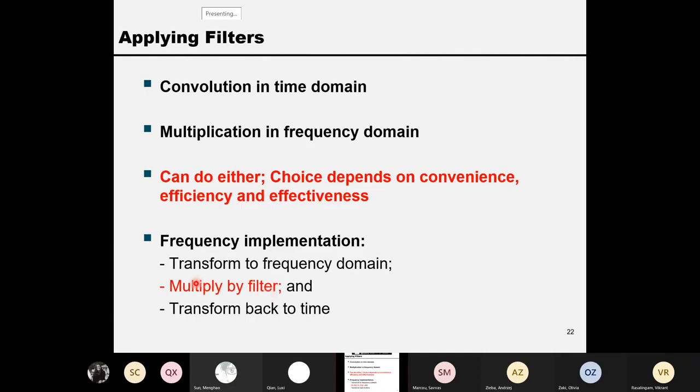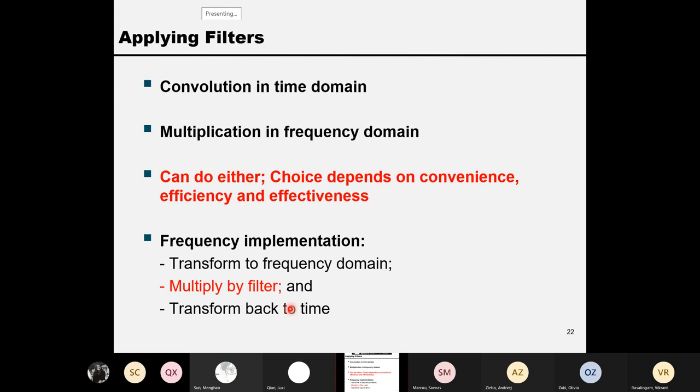And then after the filter, you transform the filtered spectrum back to time, right? I said most likely we implement in the frequency domain, but it seems quite complicated because there are at least 3 steps: forward Fourier transform, inverse Fourier transform, and in between a modification.